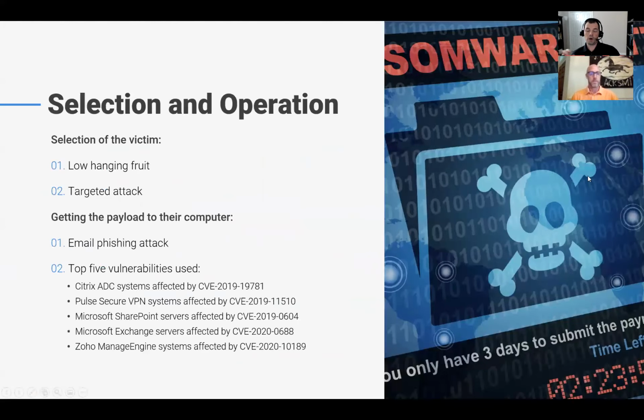So we're going to talk today a little bit about the selection and operation of the ransomware, and something that is very important for you to understand is how the selection of victims happens. The first thing to say is that these guys are taking advantage of still a lot of low-hanging fruit all over the place. This is incorrect ports open to the public, unpatched systems.